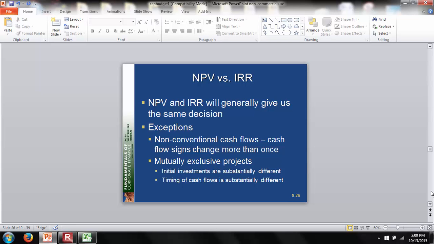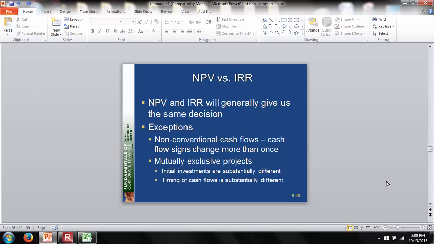So typically what we assume is that you spend some money initially and then you start making money. But in reality, you might spend money, you make money in a few years, again you might have losses, and again you might have positive cash flow. So basically here we are saying that the cash flows may change sign more than once. Okay, that's one example. The second is mutually exclusive projects.